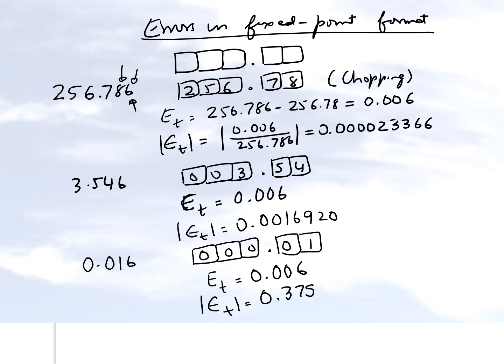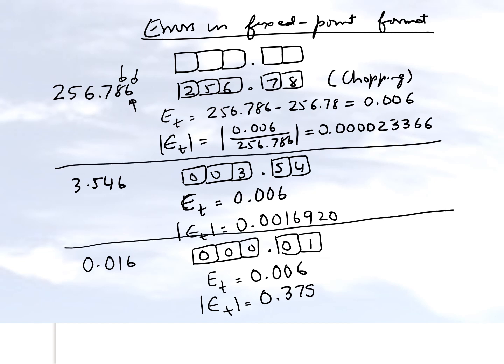This gives you an idea that for different numbers there seems to be some kind of an upper limit on how much the true error will be. We get a very similar order of numbers, in fact exactly the same, but that was intentional, for the true error.